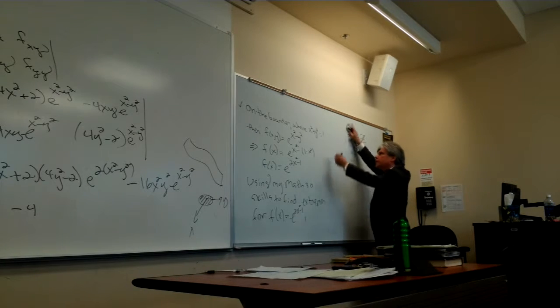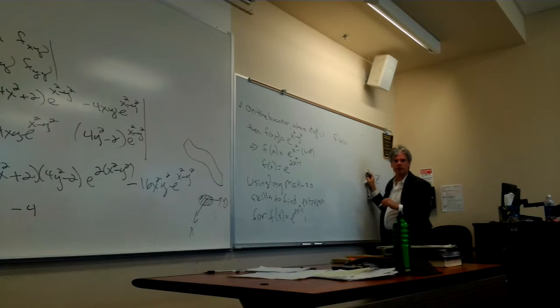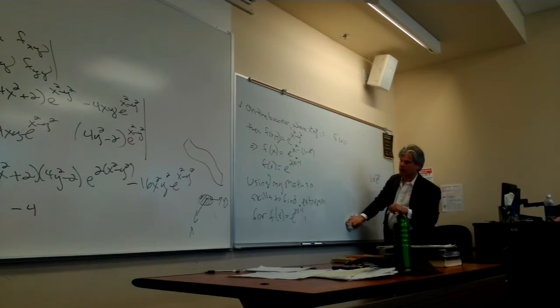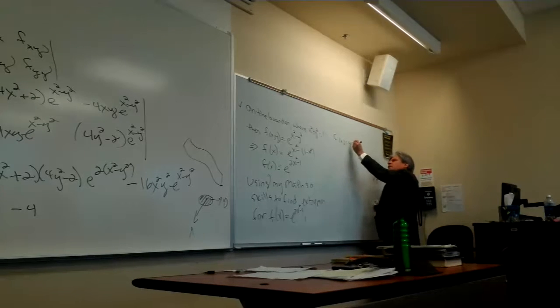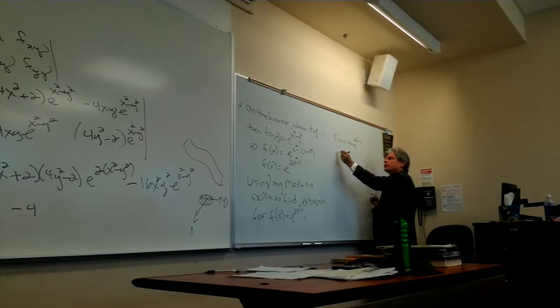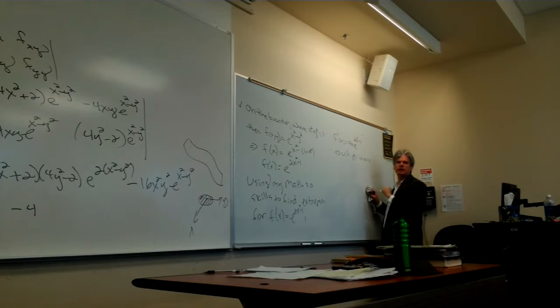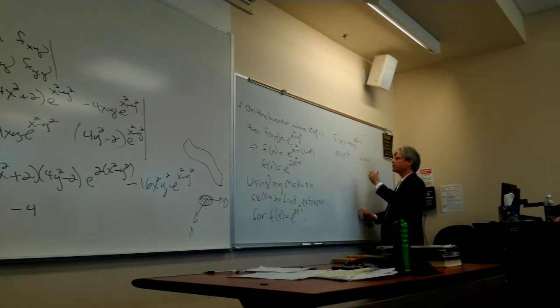I think when it comes to that function's derivative, isn't that simply going to be 4x e to the 2x squared minus 1, and the only critical point I have is that x equals 0. I said critical point, didn't I? I meant critical number.